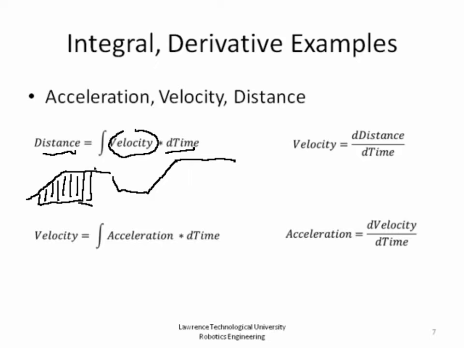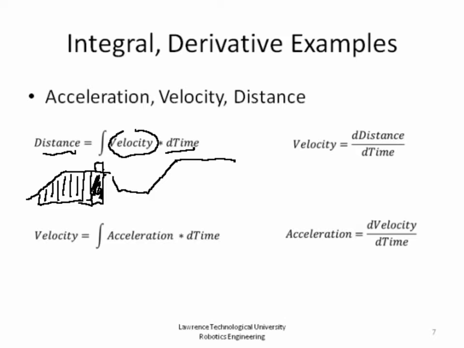For each delta time here, I'm going 30 miles an hour for some delta time. I multiply that 30 times that delta time, and I get the distance that I traveled in that little interval. So that's how we get from velocity to distance.